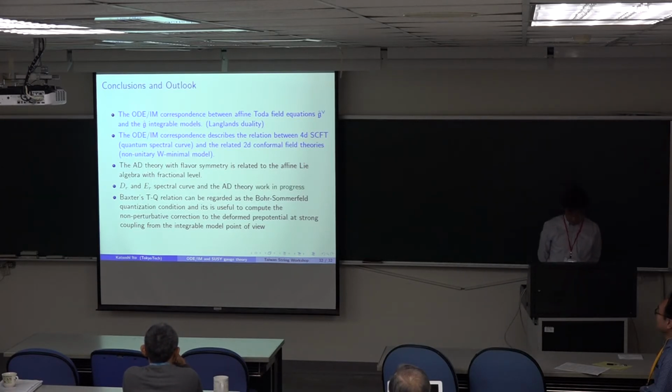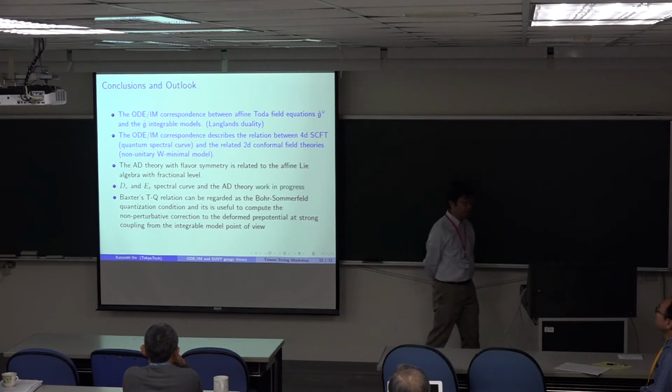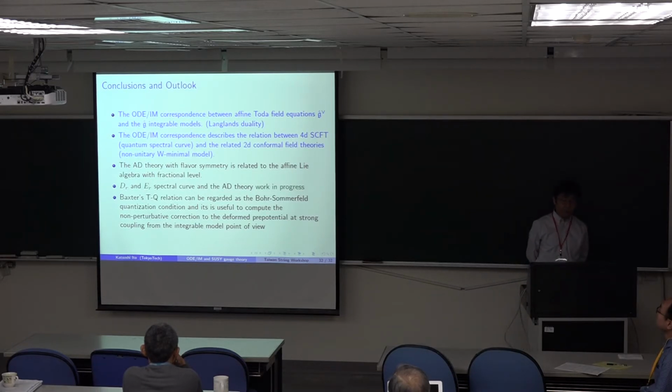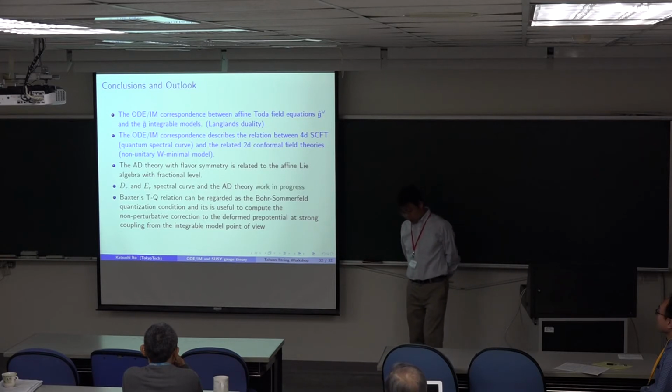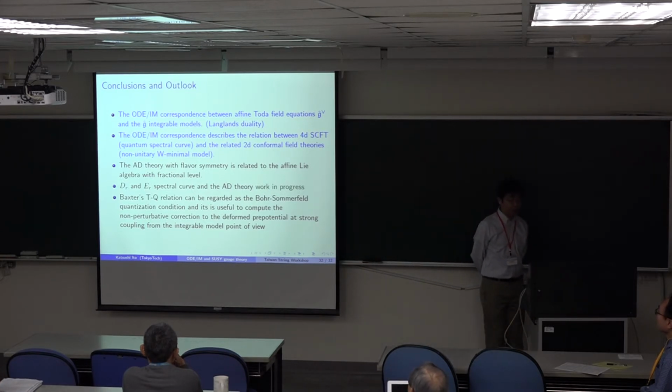There are many various Argyres-Douglas theories, and they also have some flavor symmetry. That is expected to be related to the affine Lie algebra with fractional level. In that case, the ODE becomes the Pringsheim-type analytic equations, and the integrable model is a kind of Gordon model.